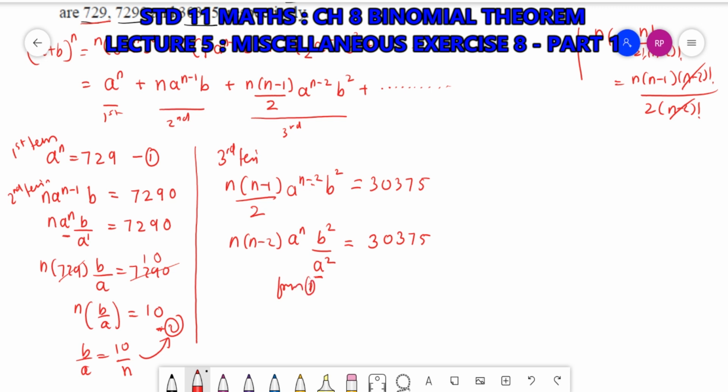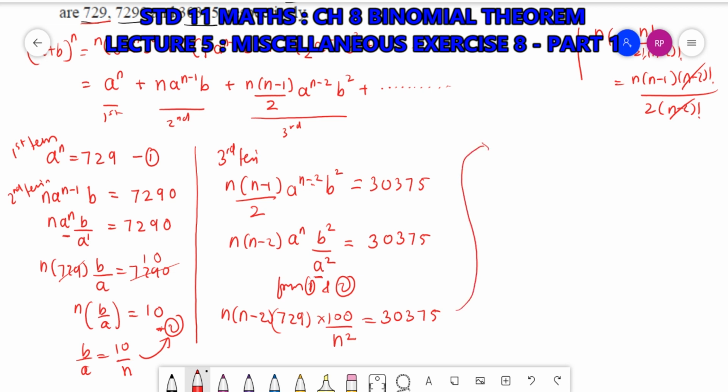From 1 and 2, n minus 2. Instead of a raised to n, 729. Instead of b square by a square, 10 square by n square, so that is 100 by n square, equal to 30375.